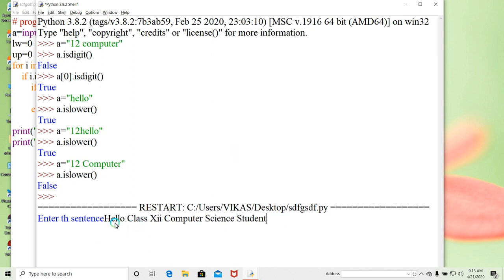So lowercase means 1, 2, 3, 4, 5, 6, 7, 8, 9, 10, 11, 12, 13, 14, 15, 16, 17, 18, 19, 20, 21, 22, 23, 24, 25, 26, 27, 28.